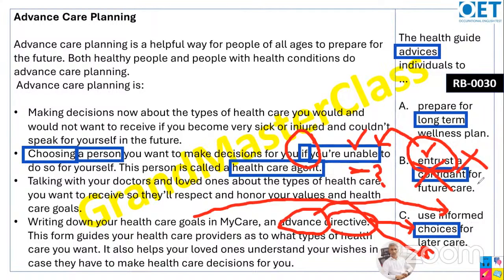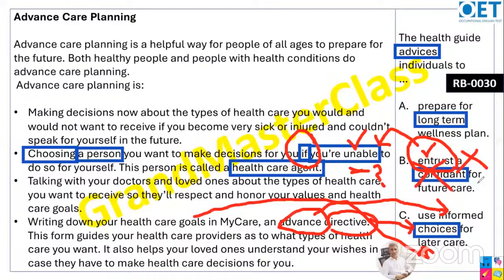Advance directive means telling in advance now for later care. It is like advance booking for movies: you are booking now, but you are not watching the movie now. You are watching later, maybe after 1 week or after 10 days.